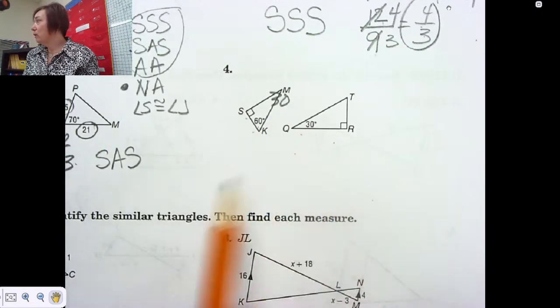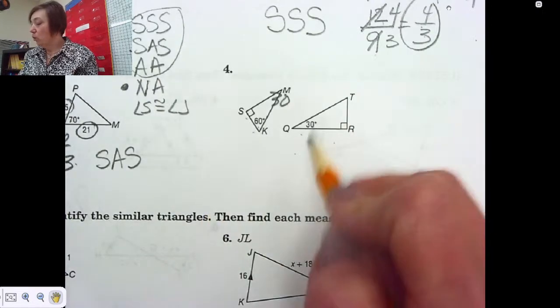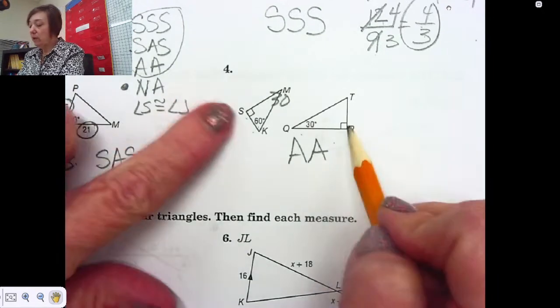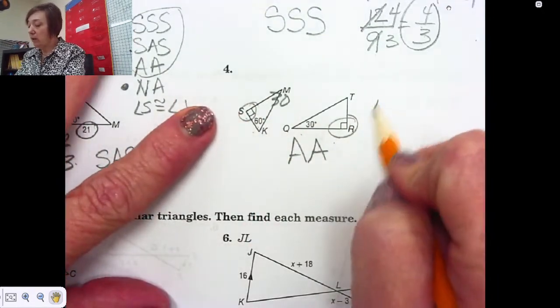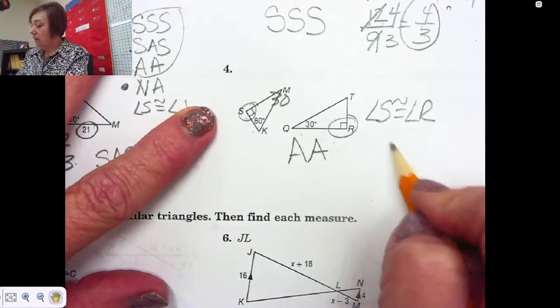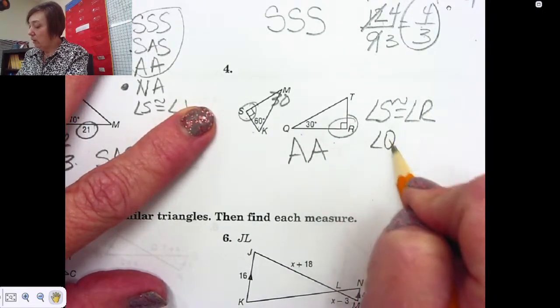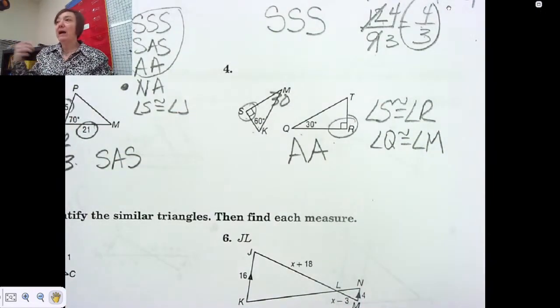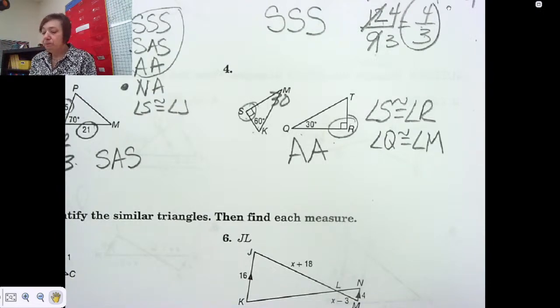Are these 2 triangles similar? Yes. Based on what? Angle, angle. Because we have 2 90-degree angles, so angle S is congruent to angle R, and then angle Q is congruent to angle M. And we know that the third angle has to be congruent if you have 2 congruent angles, right? Okay, y'all see how simple this is? It's pretty simple, right?